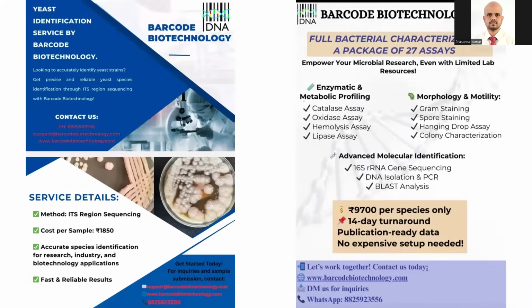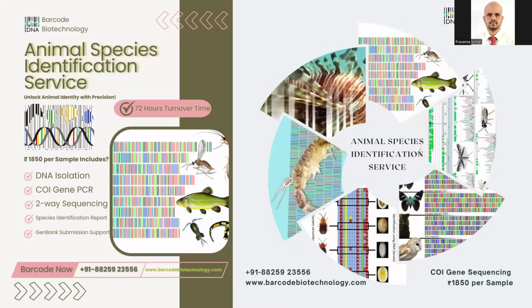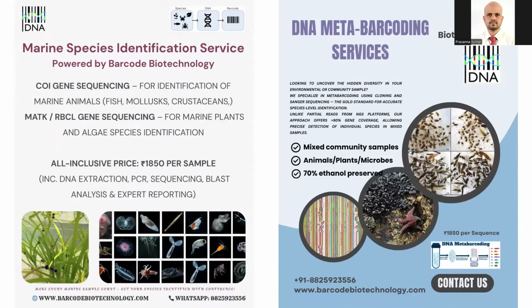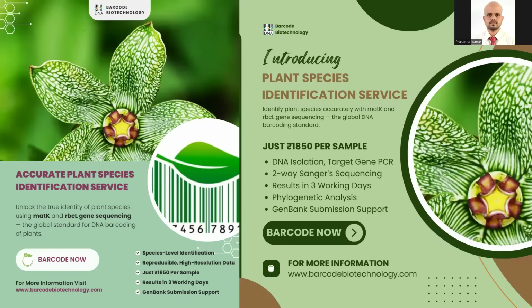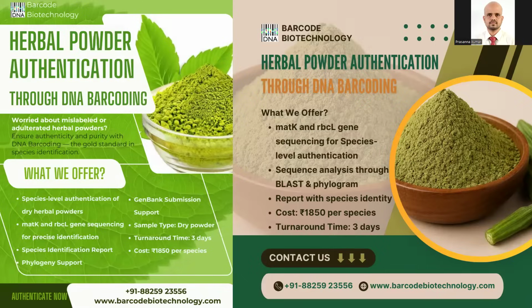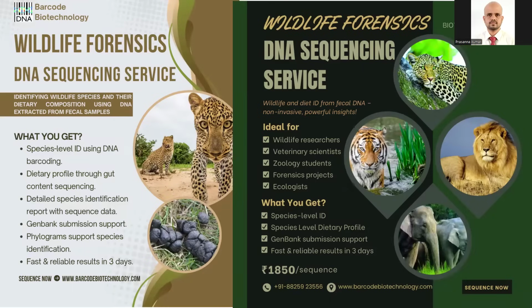Not only bacteria or microorganisms, even animal identification surveys, insect identification, and community samples can also be barcoded for meta-barcoding. We can extract DNA and identify plant tissue samples, herbal samples, even forensic samples. You can simply send us fecal samples, and we can decode from which host the sample was collected, what the species name is, and even the dietary composition of the feces.